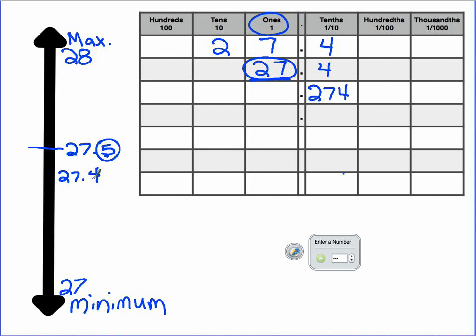And what do you think the number would be directly below that? 27 and 3/10. What do you think the number would be below that? 27 and 2/10.